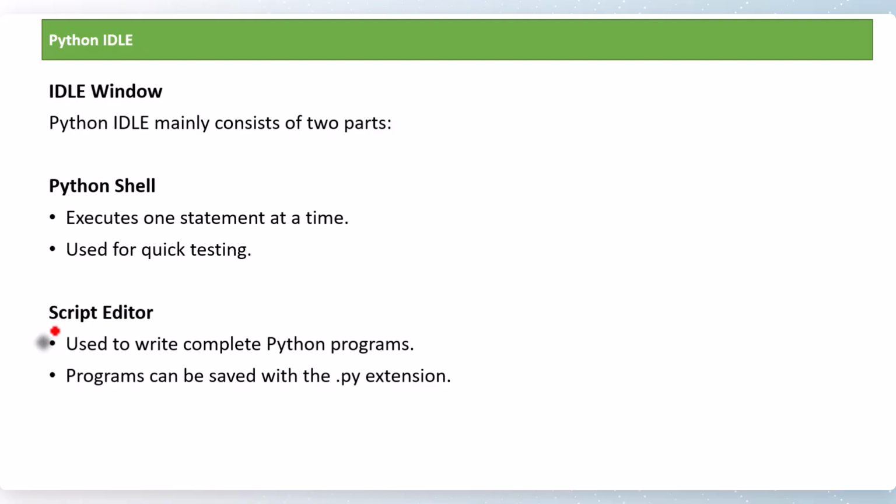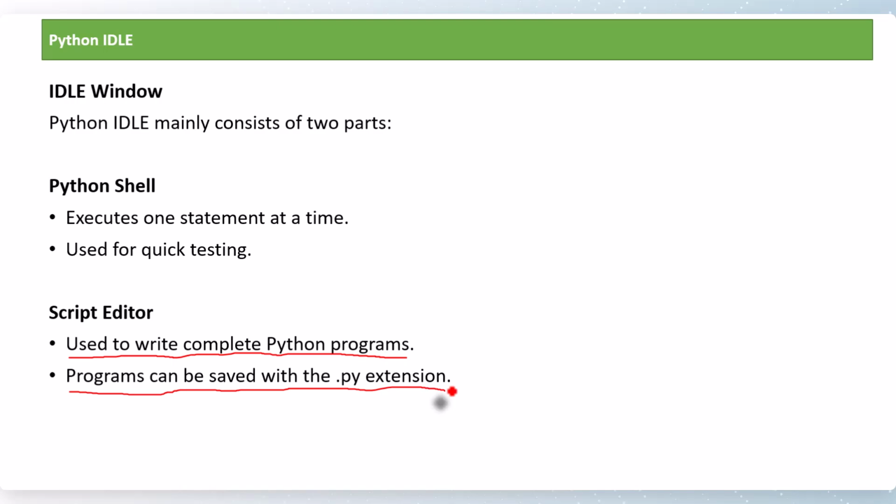IDLE also supports a script editor. If you want to write a program which has more than one line, or you want to write a complete Python program, you can use this script editor, which is used to write complete Python programs. Python programs can be saved with the .py extension.